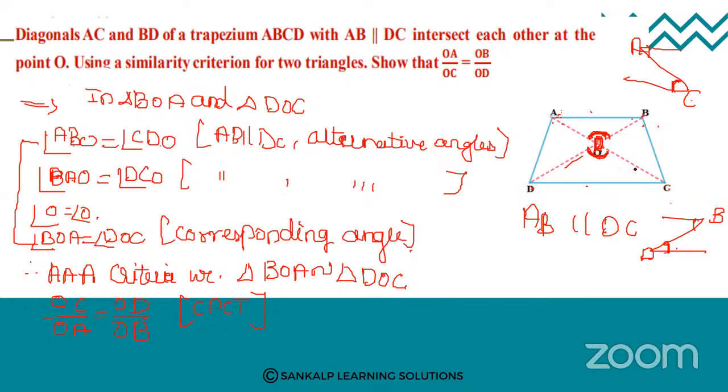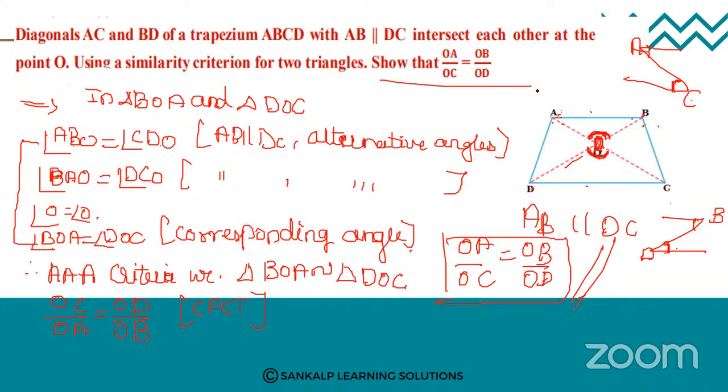Next, OC divided by OA, OD divided by OB. When you write it in reverse, you will get OA divided by OC is equal to OB divided by OD. So this is our result. They asked to show that OA divided by OC is equal to OB divided by OD, right? So this is the final result.